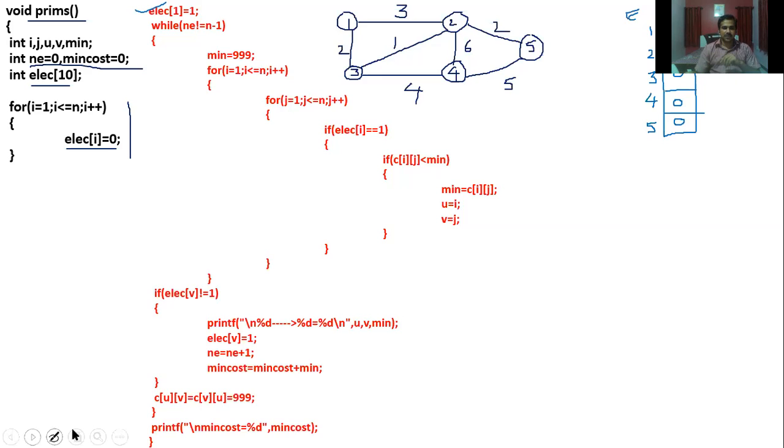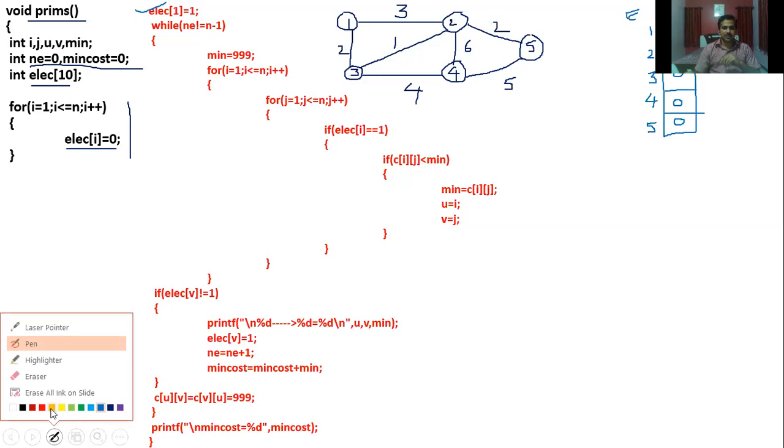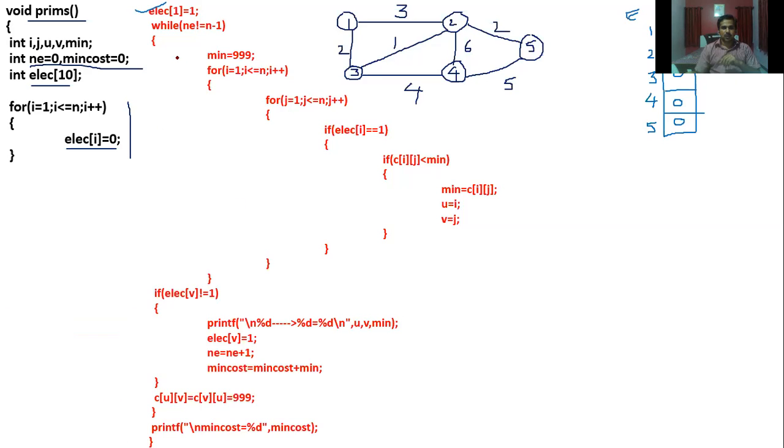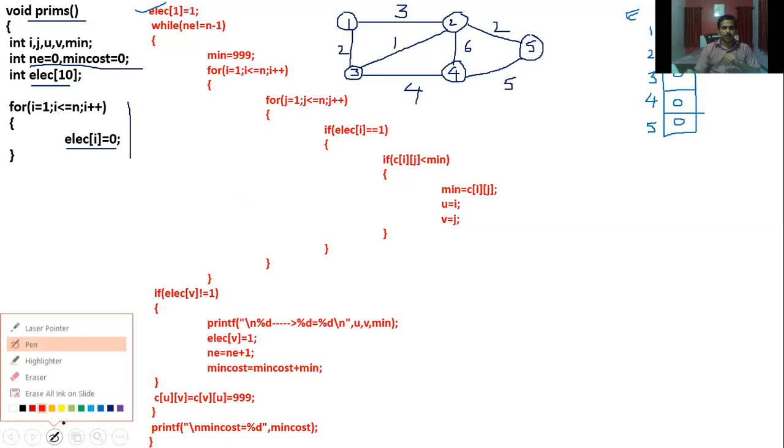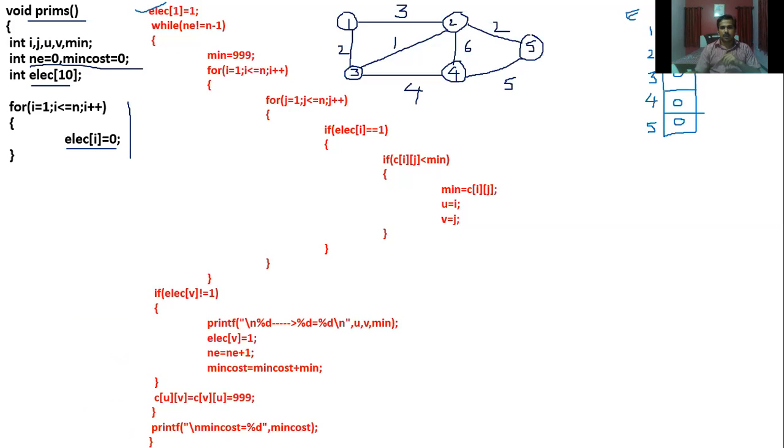So in this particular case, I will consider vertex 1, and I am marking it as 1 here. Number of edges, initially it is 0, 0 not equal to n minus 1, enter in. And next, minimum is equal to 999.